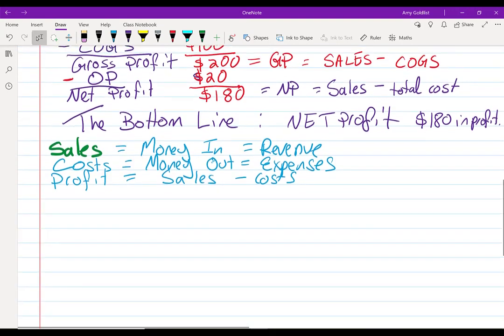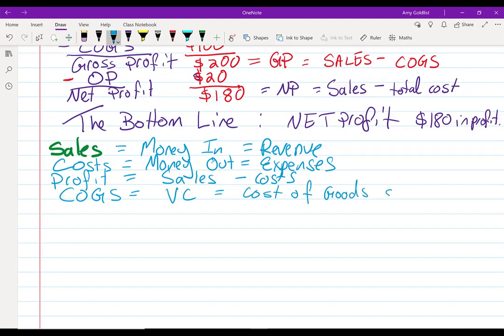Sorry, we have two types of costs. We have cost of goods sold and we have operating costs, OP, or fixed cost, and that is the cost of things that we are spending one time.